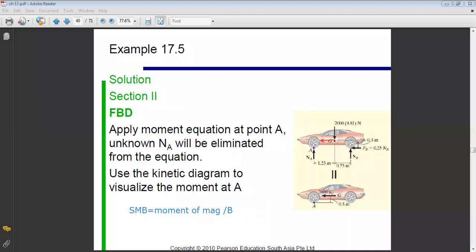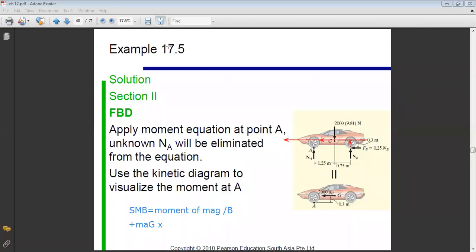Its moment about B is counterclockwise, so I have plus MAG times the distance. What is the distance from G to B? Pay attention, it is 0.3. You should always project the perpendicular distance. This is the MAG direction, and this is the projection from B on the line of action of MAG. The distance is 0.3.